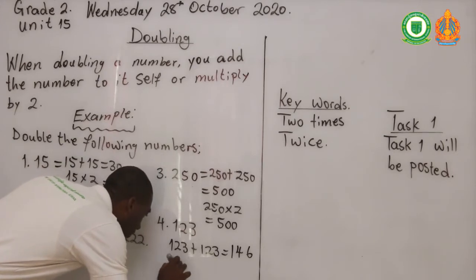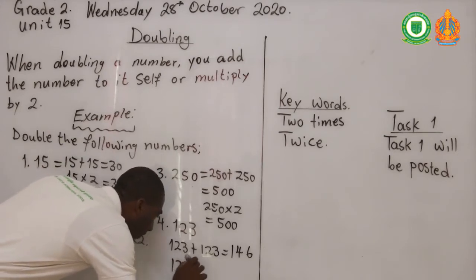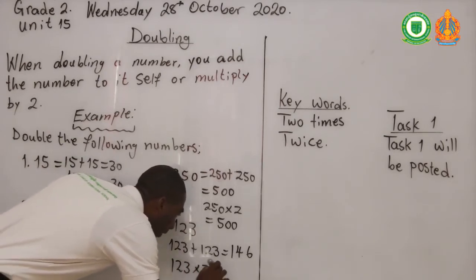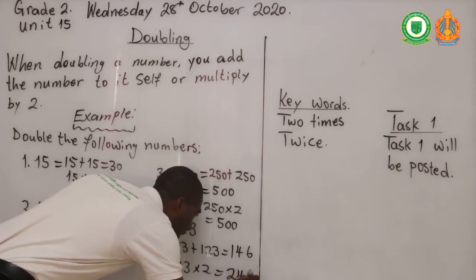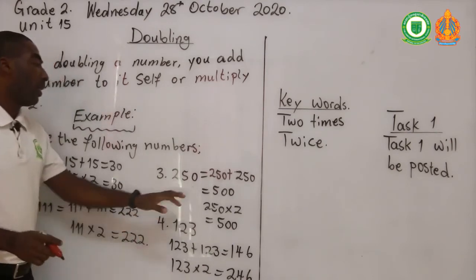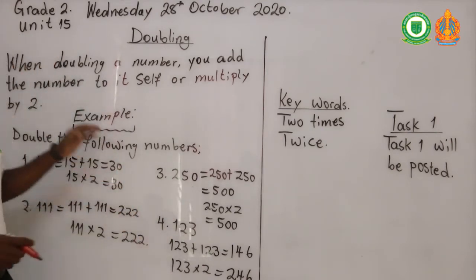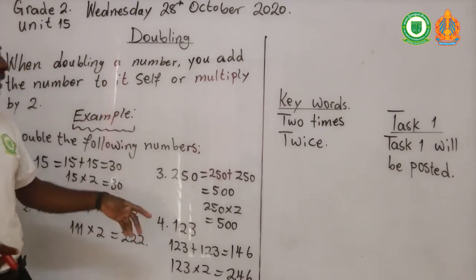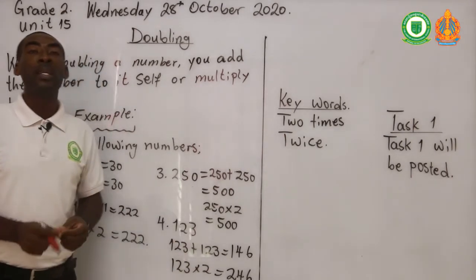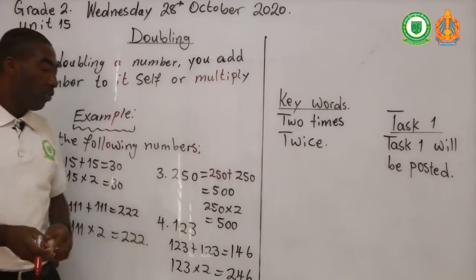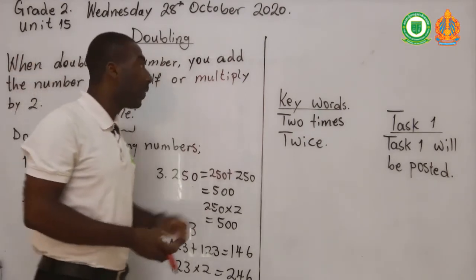Again, you can say 123 multiplied by 2, and that will also give you 246. So you can use any of these methods to double your numbers. Either you add the number to itself or you multiply by 2, and then you have your final answer.